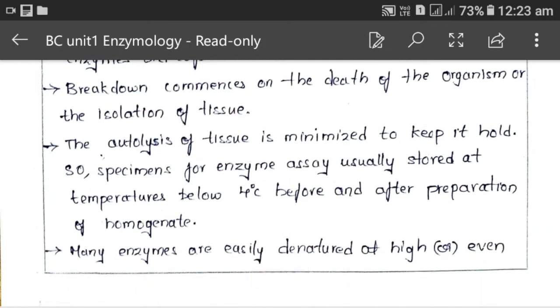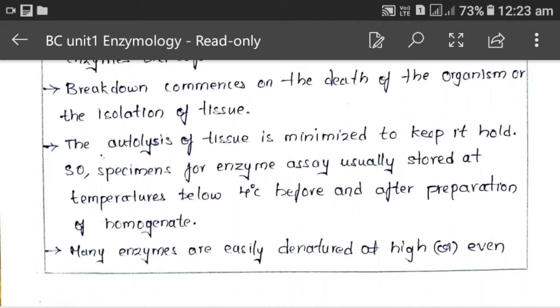That means there should be no breakdown or autolysis of the tissue. For that we can preserve the samples at 4 degrees centigrade. The tissues or other components should be stored at 4 degrees centigrade to avoid breakdown or autolysis of the tissue.